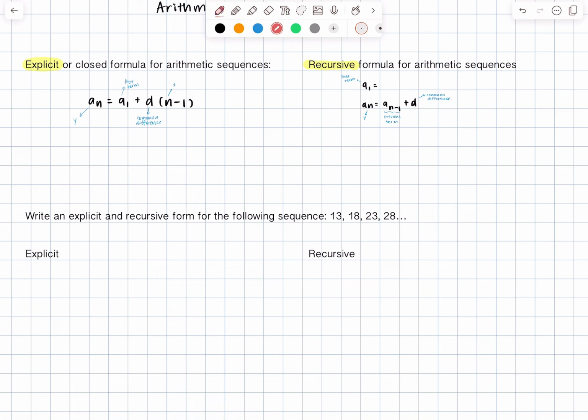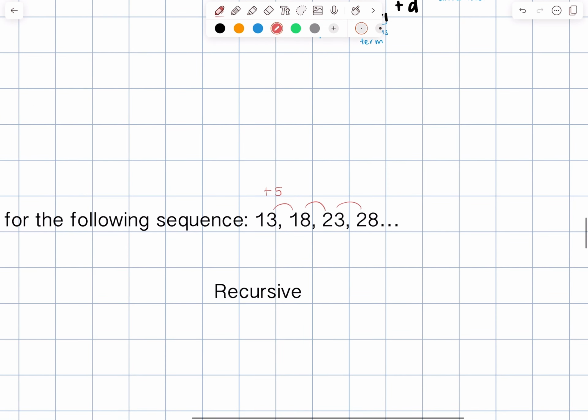The first thing I like to do is figure out what my common difference is, or the slope, like by what number these numbers are increasing. So 13 to 18, that is a plus 5 increase. Then 18 to 23, another plus 5. 23 to 28, another plus 5. So we can clearly see that the difference between each number is 5.